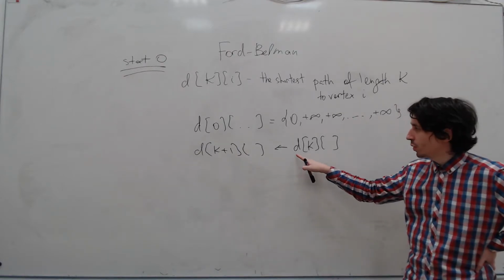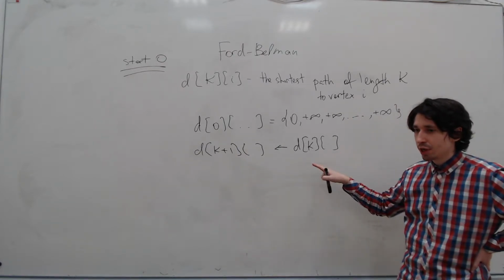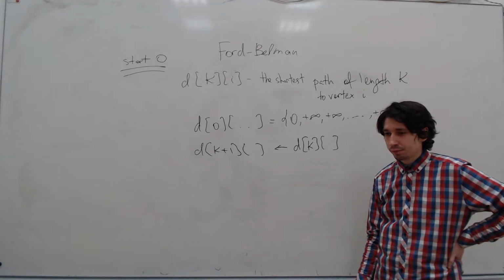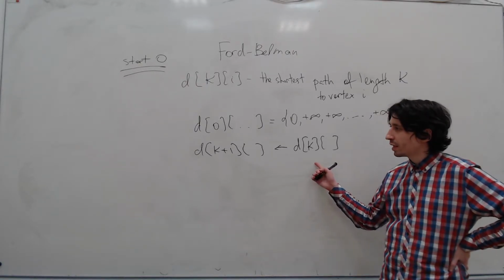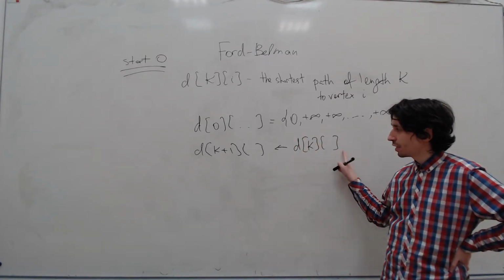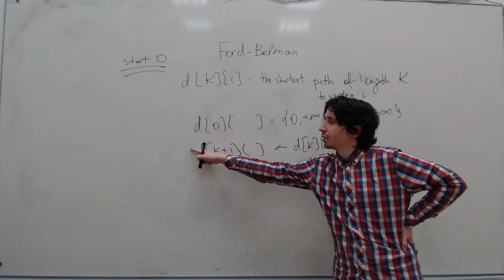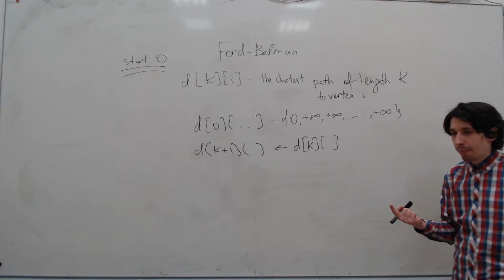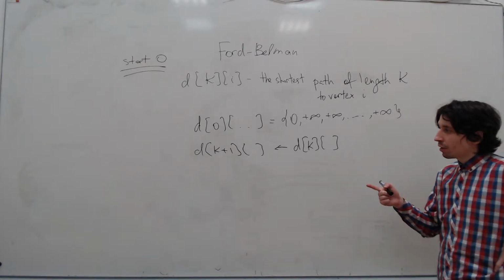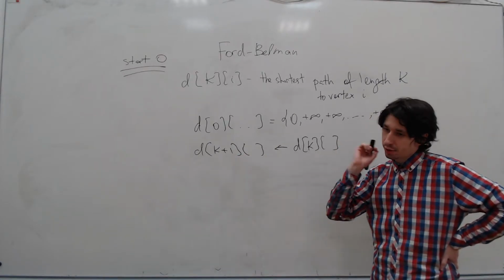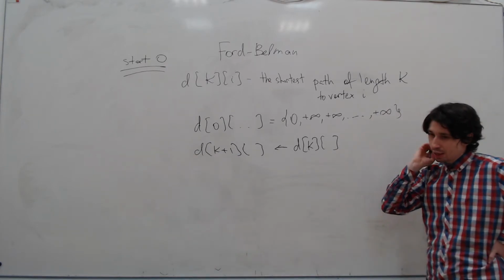So what should we add to the path of length k to get the path of length k plus 1? We should add an edge, one edge to the end, right? Right. So do you have any ideas how to recalculate d[k+1] using d[k]?